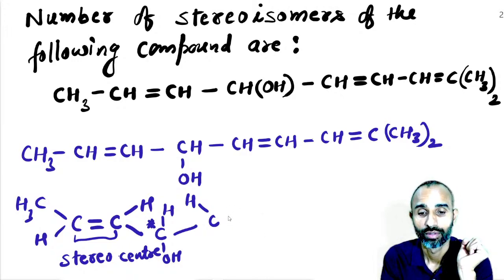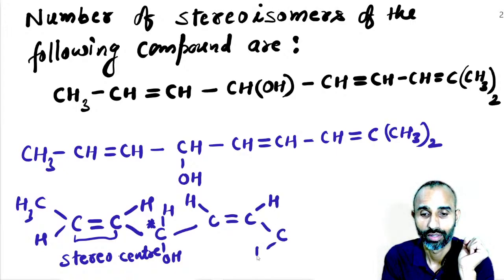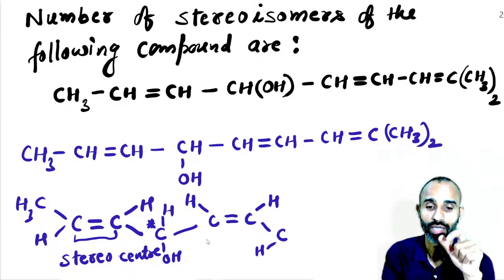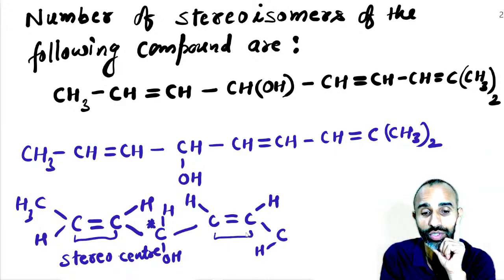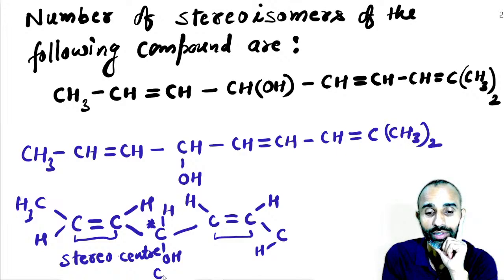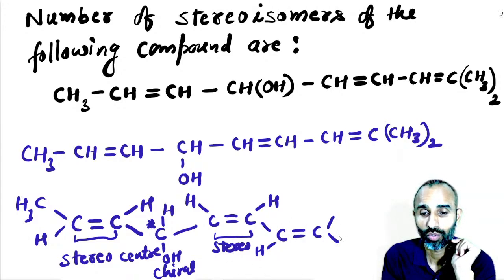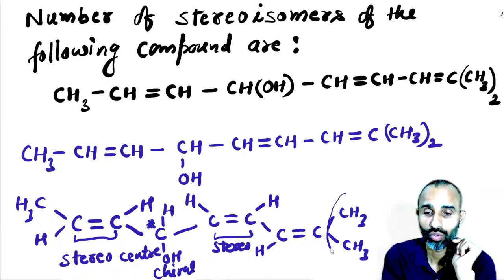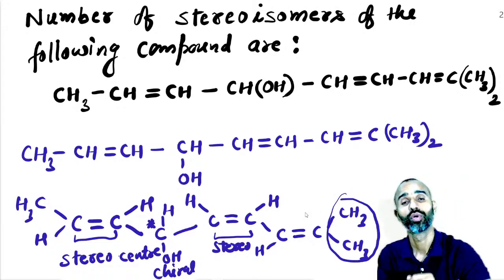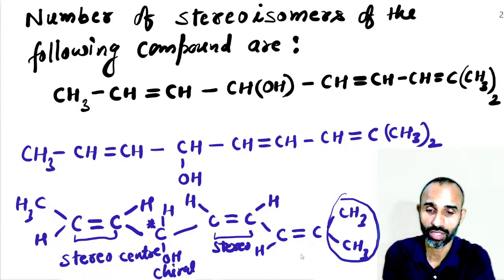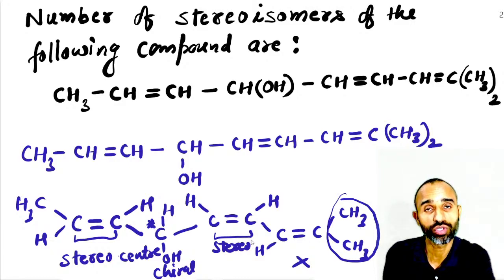Next again it is again a stereo center. Chiral again stereo center. What about this? Is it a stereo center or not? No, sir. Because on one side there are 2 same groups. That's why it is not a stereo center. So there are 3 stereo centers.